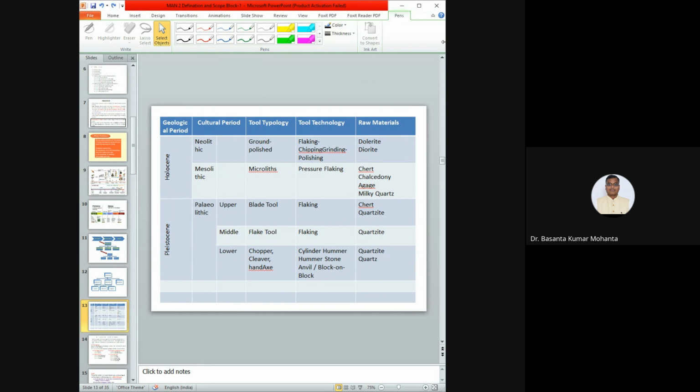So based on that, he tried to categorize the cultural evolution. And that is the beginning phase of the analysis of our cultural evolution.